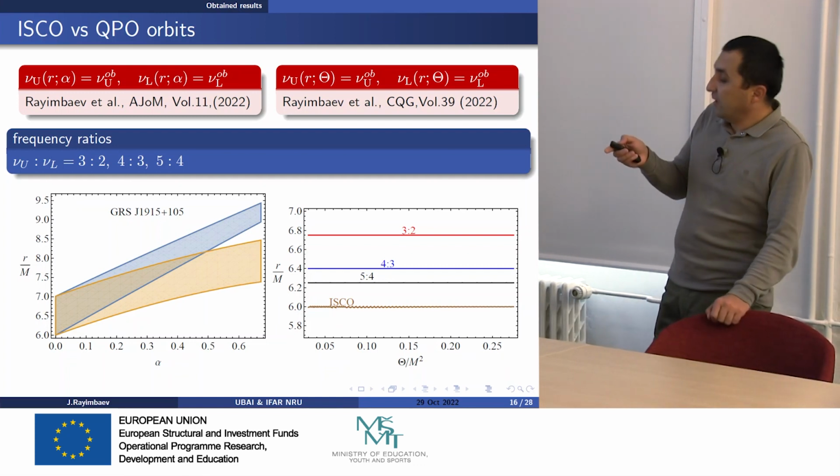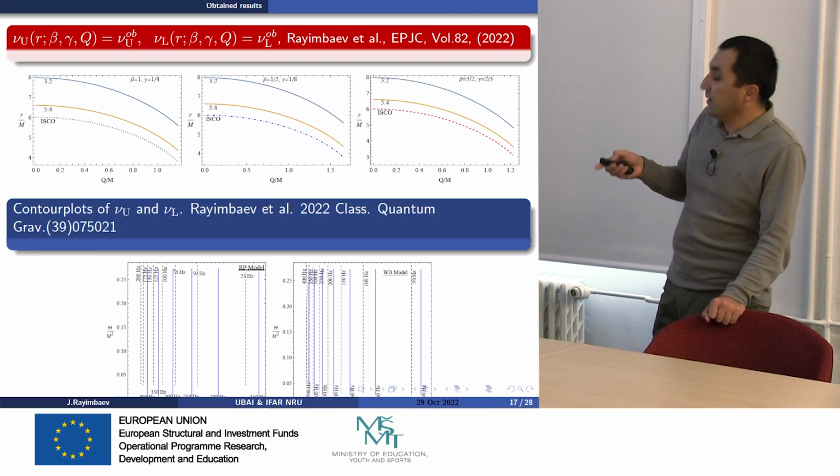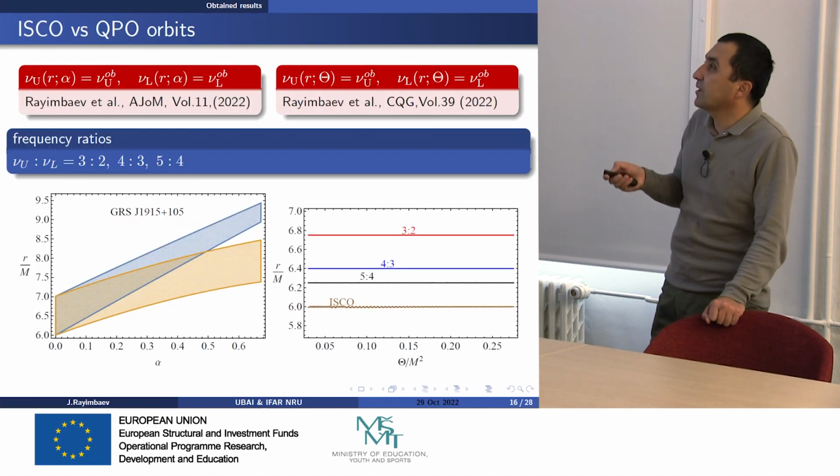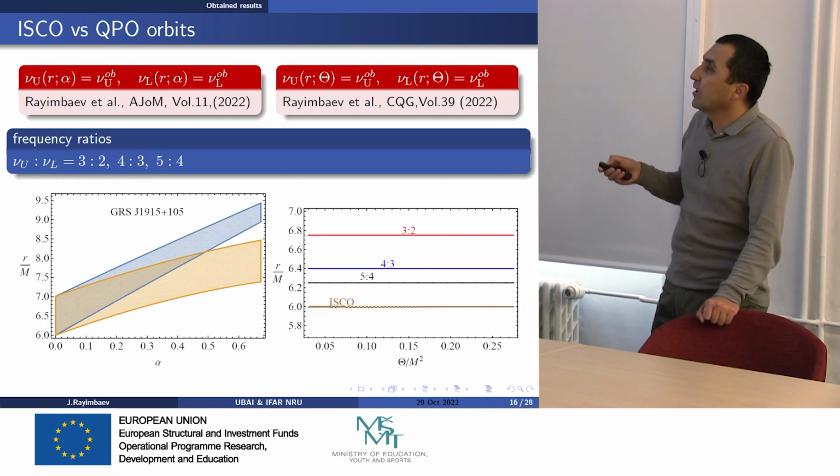And here is a relationship between the radius of QPOs and this non-commutative parameter. We can see that there is no effect of theta. It is almost constant with the variation of theta.